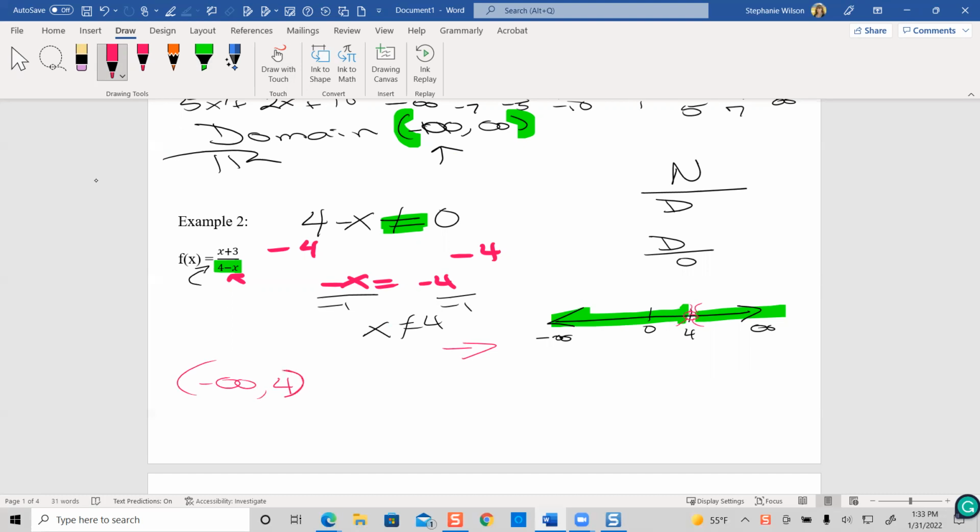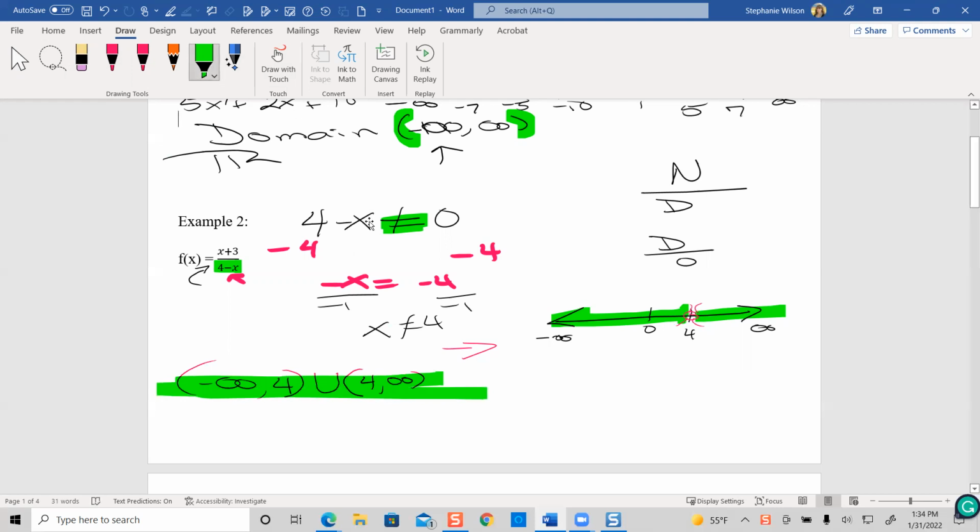I'm going to put a parenthesis on 4 because I'm approaching 4, just not including it. And then it's going to union all points on the other side of 4. So my domain here is negative infinity to 4, union 4 to positive infinity, and we didn't include those points.